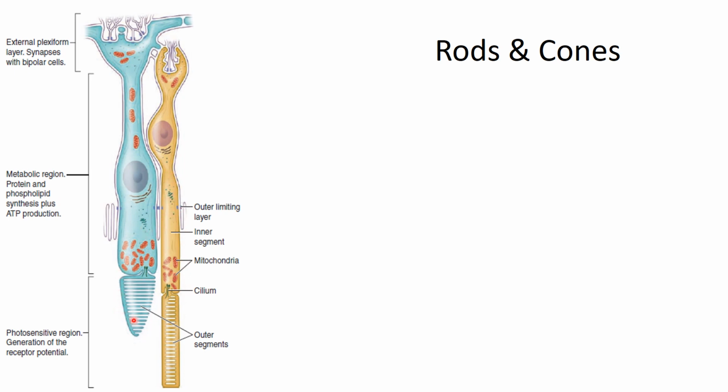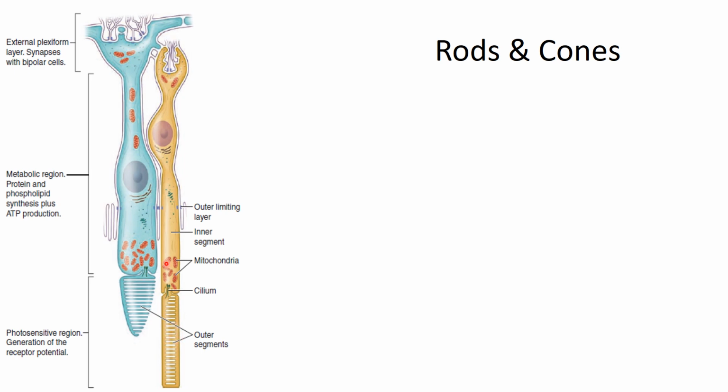They are divided into an outer segment and an inner segment. The outer segment has the photoreceptor portion, and the inner segment has the cell body with the nucleus, mitochondria and Golgi body.